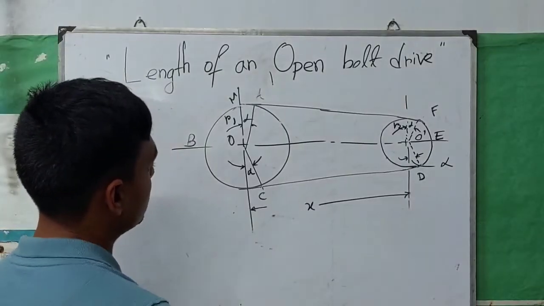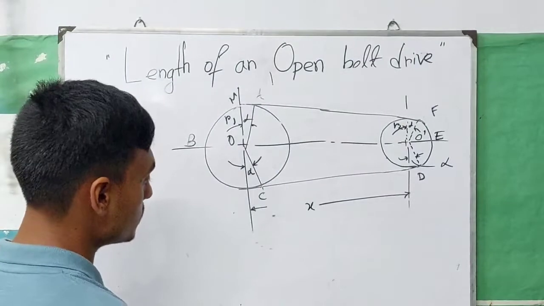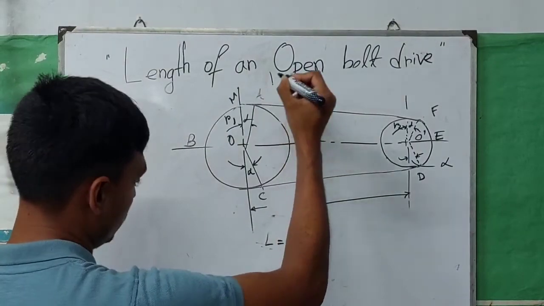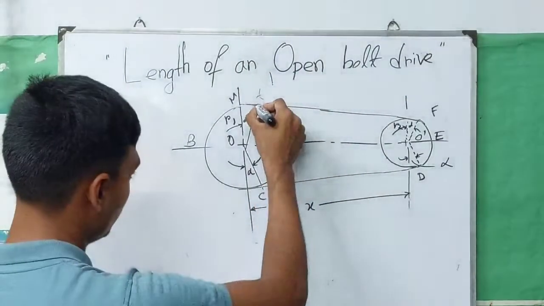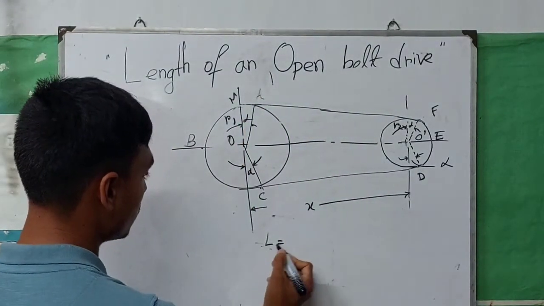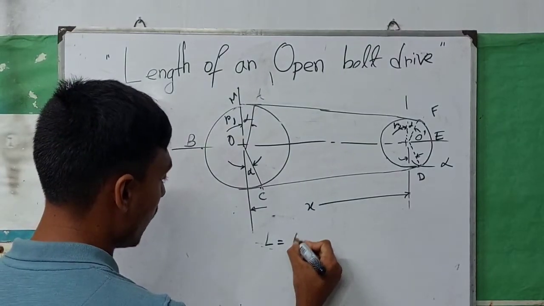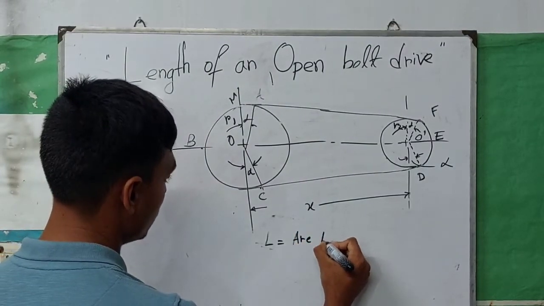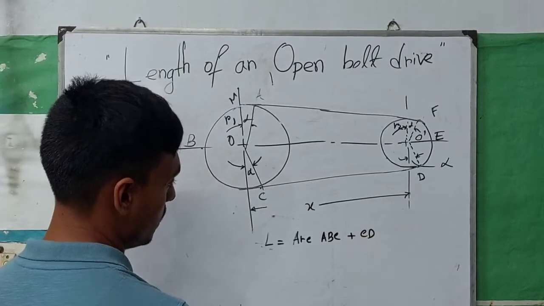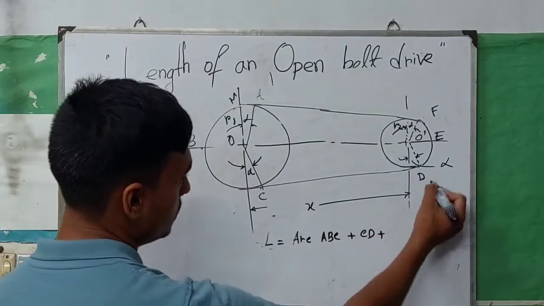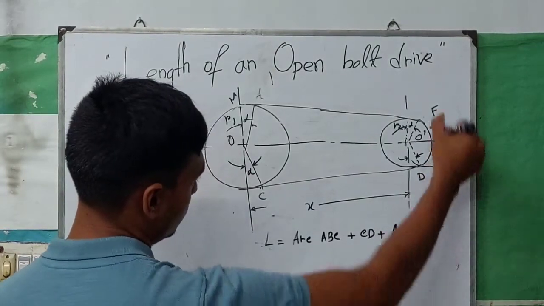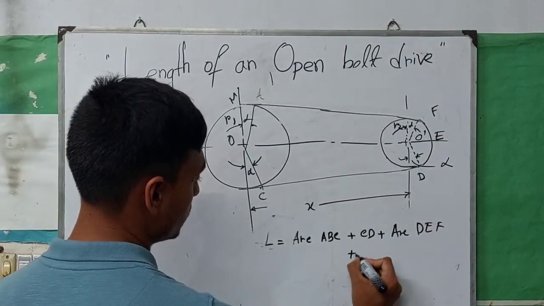Now we calculate the total length of the open belt drive system, that is L. If we start from A, then the length is A, B, C, which is an arc of a circle. So L equals arc length ABC plus CD, which is a straight line, plus arc DEF of the second circle, and finally FA, which is a straight line.